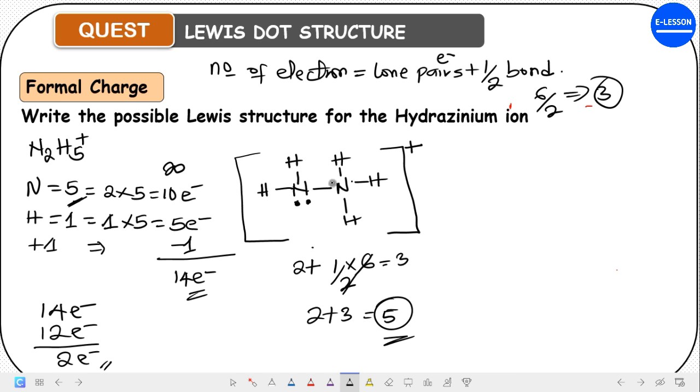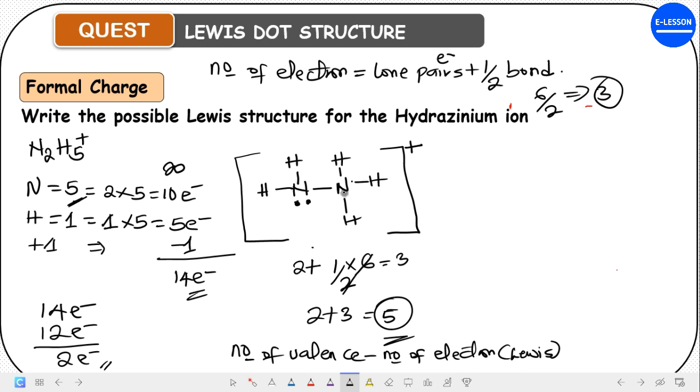So where we are going to put the positive charge now is what we are looking for. Is that not so? To get where the positive charge will enter, subtract the number of valence electrons normally, minus the number of electrons in the Lewis structure.